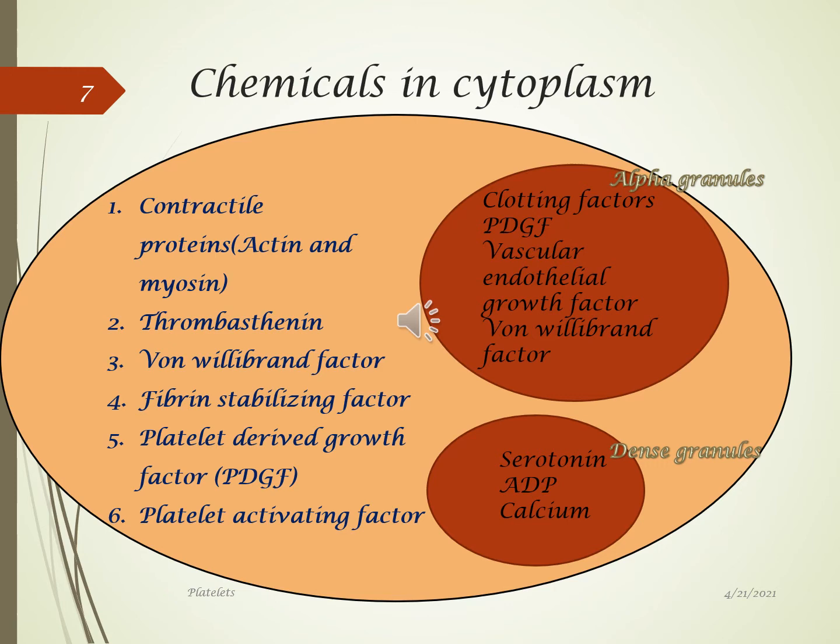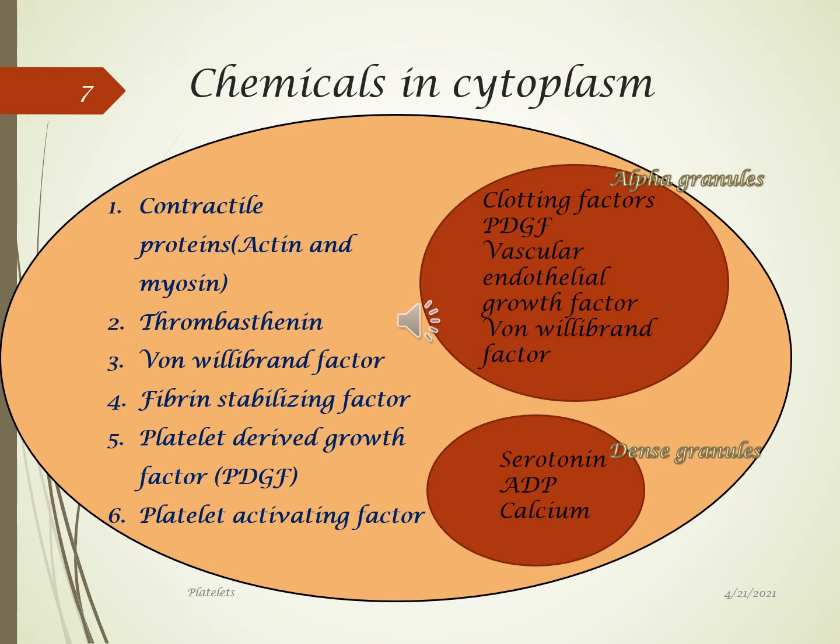This is very important: chemicals in the cytoplasm of platelets. There are contractile proteins, actin and myosin. What is the importance of contractile proteins actin and myosin? They help to change the shape. So they will help the microtubules to change the shape from the inactivated disc shape to the activated spherical shape.